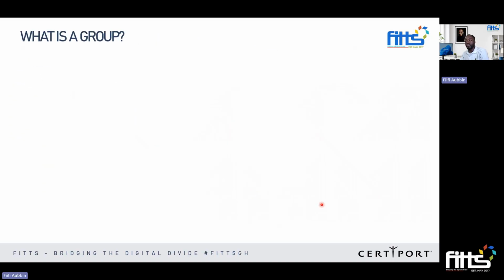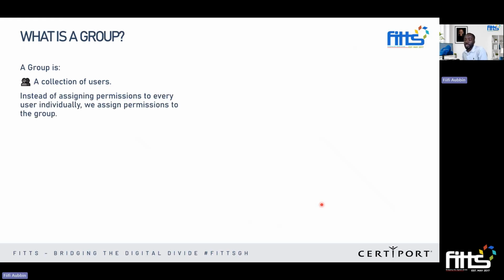So this is where a group comes in. A group is a collection of users. Once we put all the users into groups, then we are talking about a group. Instead of assigning permissions to every user individually, we assign the permissions to the group. Take a small family structure: we have the mom, the dad, and the kids.